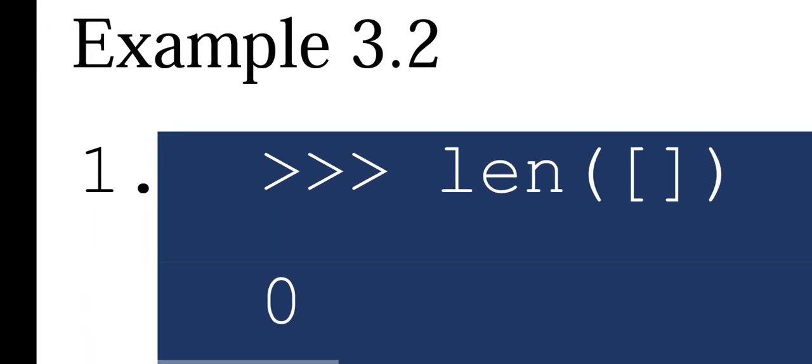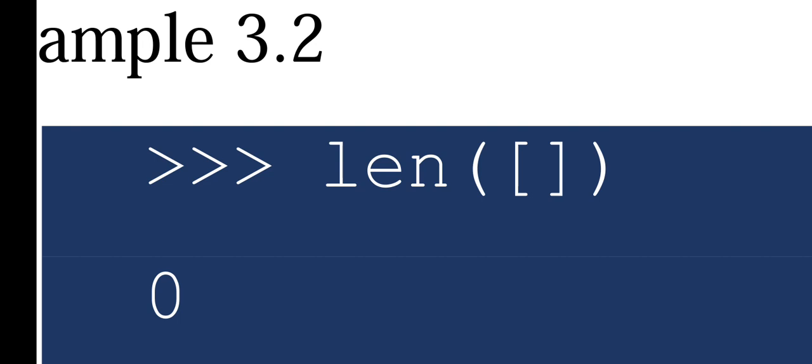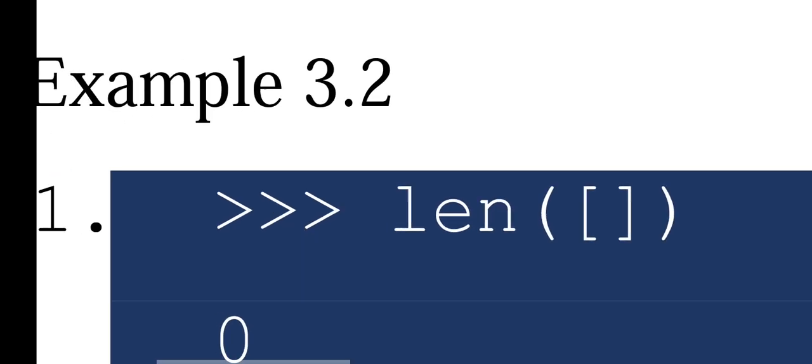Example 1: len, pass to it an argument of an empty list, and the output is 0, indicating that there are no elements in the empty list. Okay, the list is empty. Why? Because as you can see, it is just a pair of square brackets without any element.